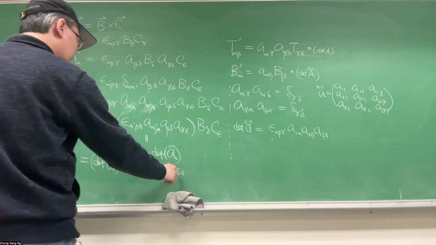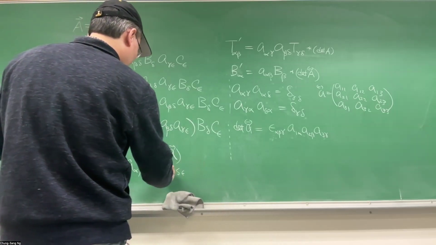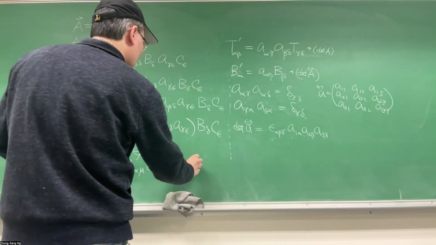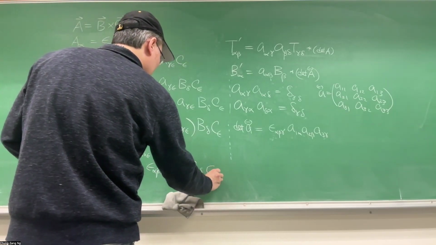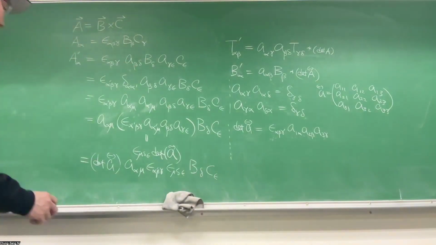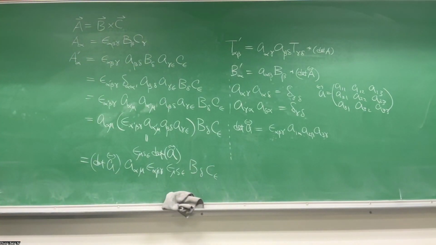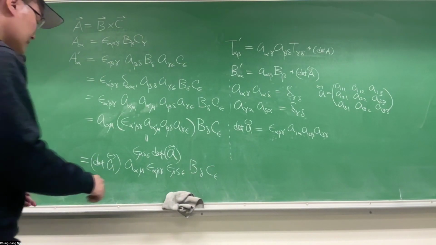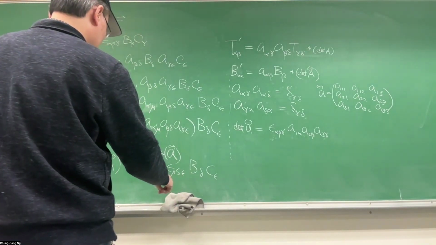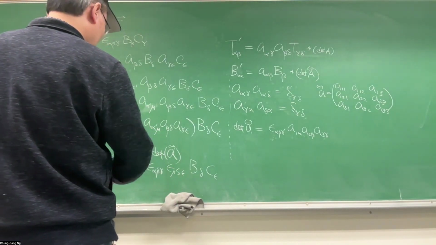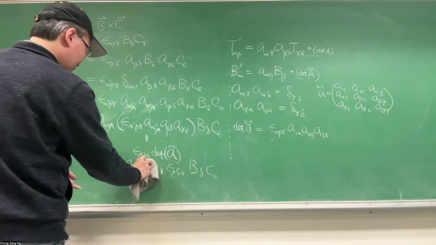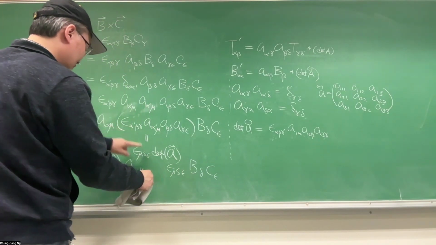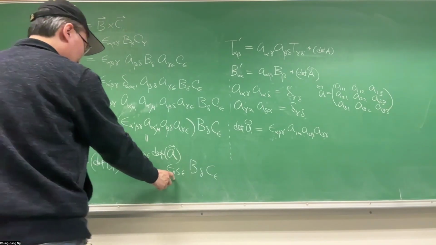You have this one, and then you have B delta C epsilon. Well, no. This is this one, so you actually don't have this one. This is already gone. This is changed with this. This one is this one.